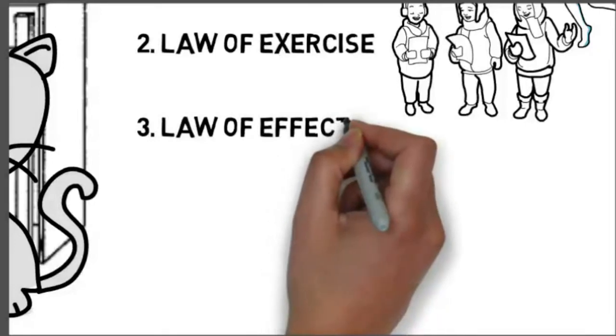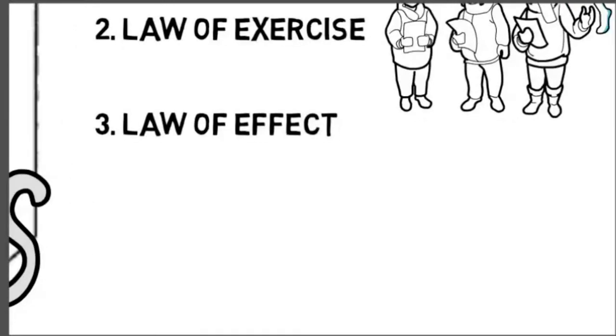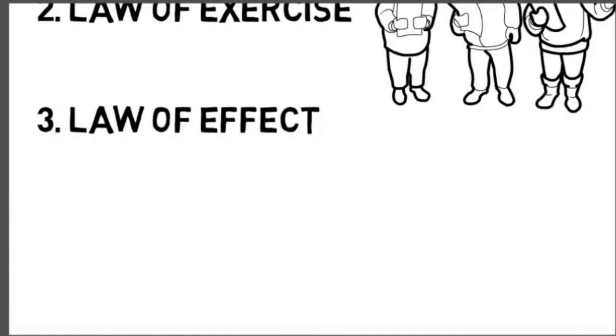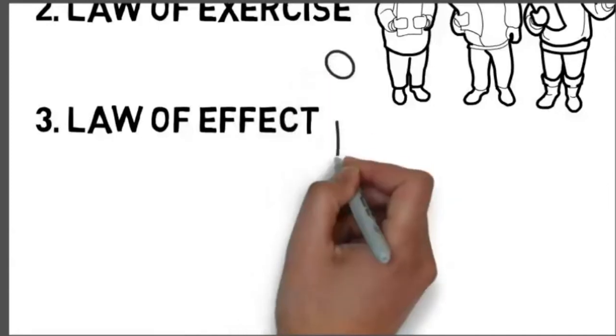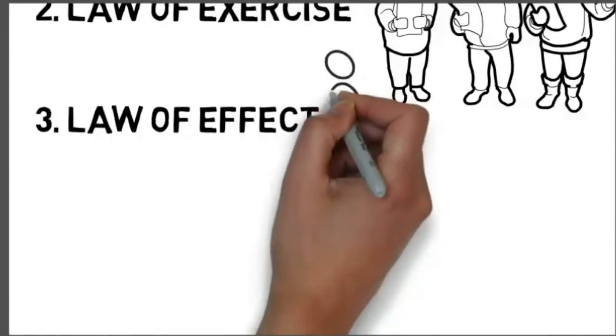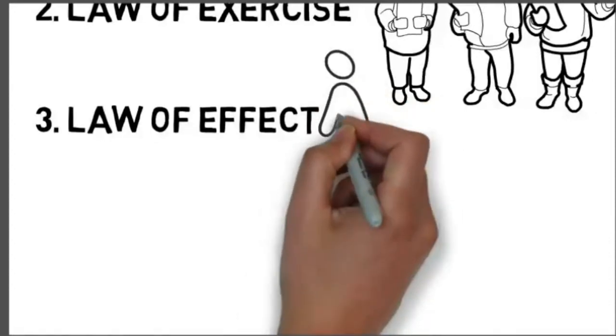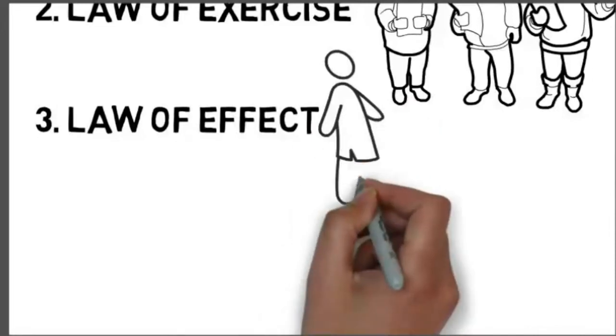On the other hand, when a connection is accompanied by an annoying state of affairs, its strength is reduced or weakened. The saying, "nothing succeeds like success," goes very well with this law. In other words, the responses that produce satisfaction or comfort for the learner are strengthened, and responses that produce annoyance or discomfort for the learner are weakened.